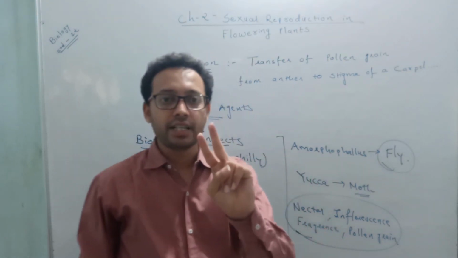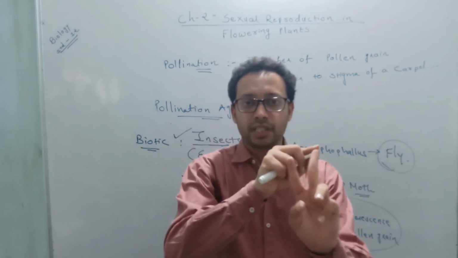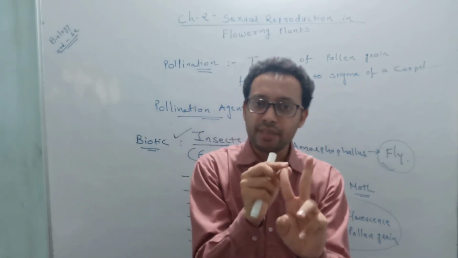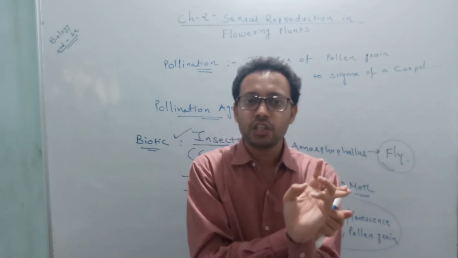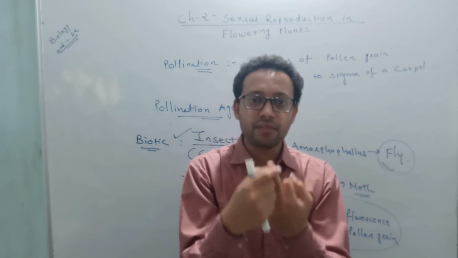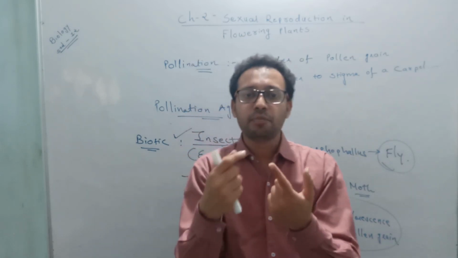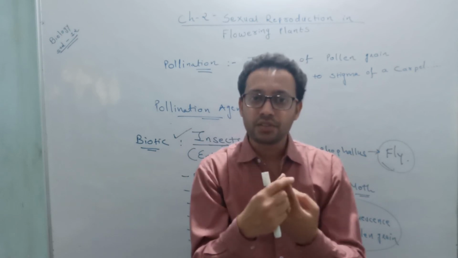I just revised. There are two types of pollination agents: biotic and abiotic. Biotic means living pollination agents, abiotic means non-living pollination agents. Abiotic includes wind and water. Pollination by wind is called anemophily, and pollination by water is called hydrophily.